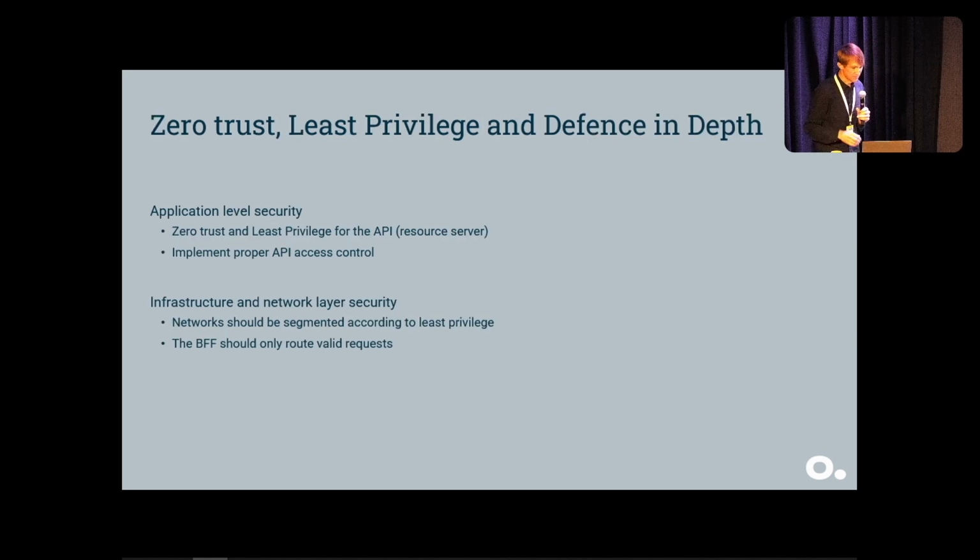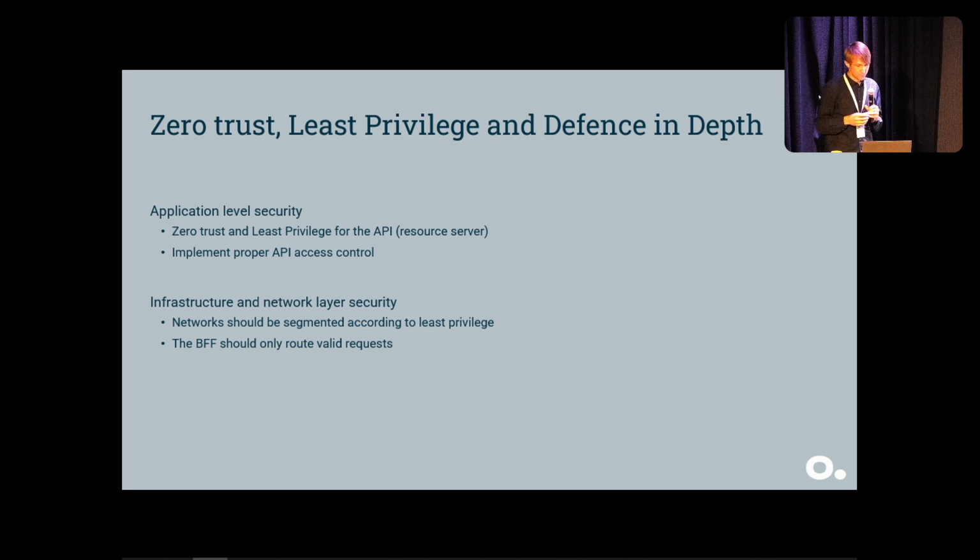Well, as always, the guiding principles here, zero trust, least privilege, and defense in depth, will guide us in the right way. And talking about how we should apply this for a system like that is a talk of its own. So we'll focus on two things here: proper access control in the API, and the routing here with the BFF, that it should only route valid requests.